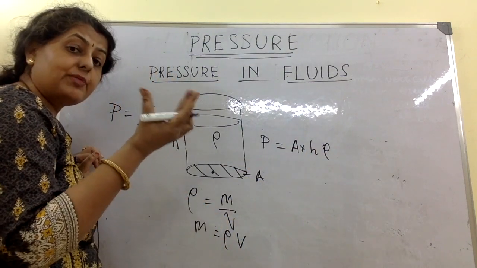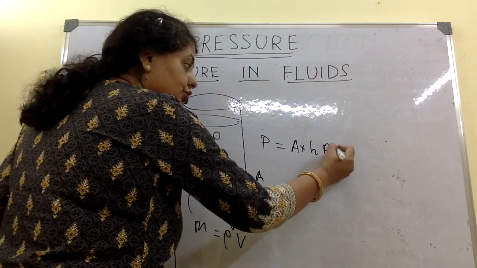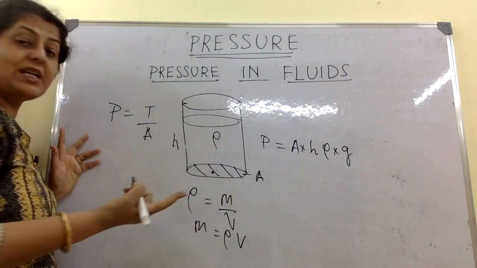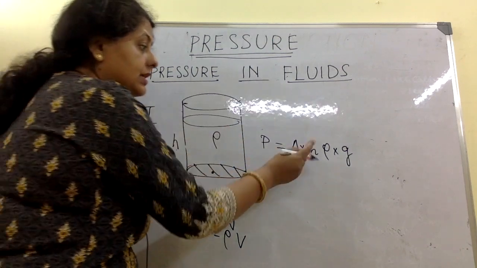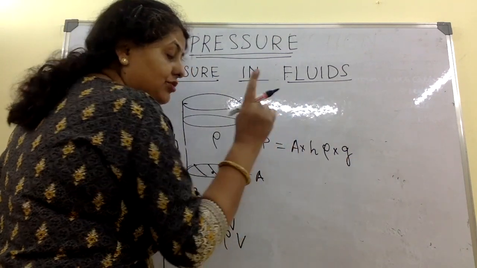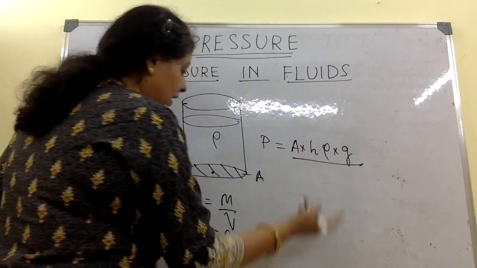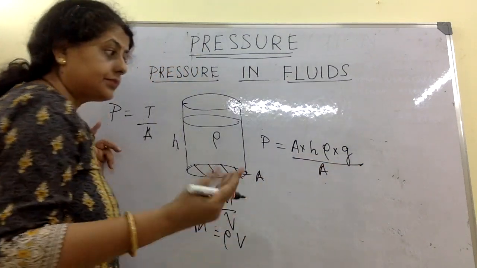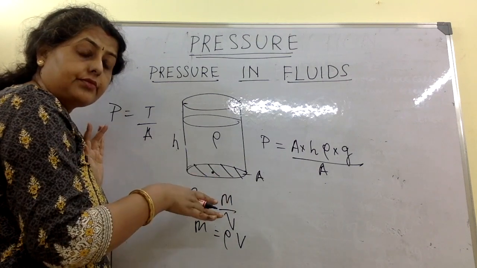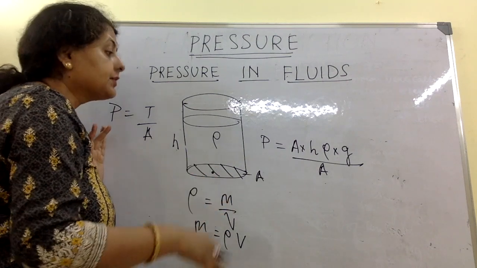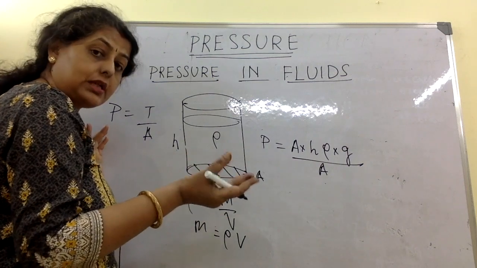That gave me mass into g, because I want mg, the weight of this liquid. This much is mass, this is g, mg. So that gave me the weight by A, the area of the base. Now, how much is the pressure?